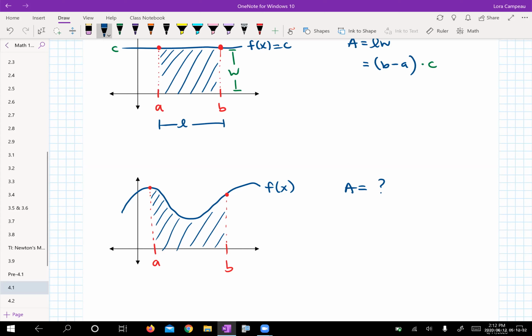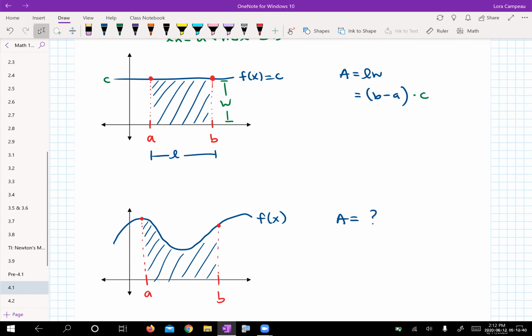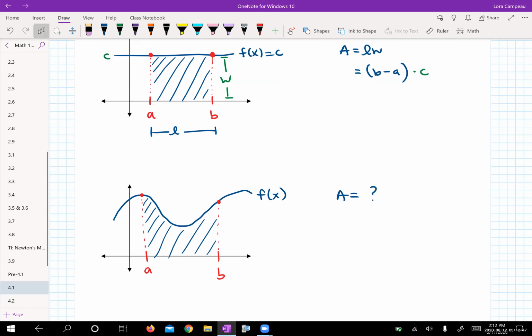What is the area? At this point, for this section, what we end up doing is we break it down into something we actually understand. We try to break up this oddly shaped area into a bunch of rectangles. Sometimes these rectangles overestimate, sometimes they underestimate.